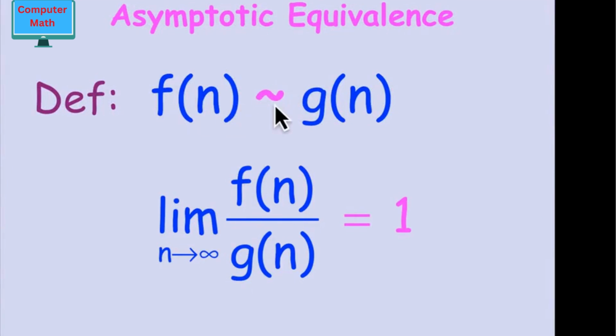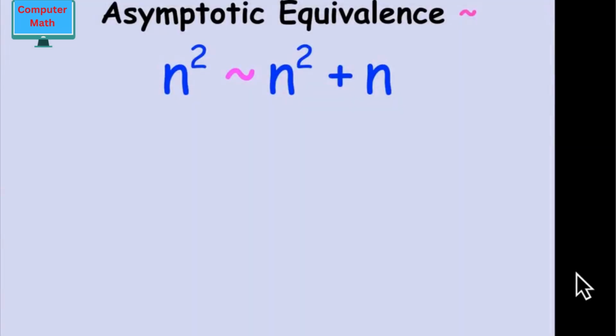So f of n is asymptotically equal to g of n if and only if the limit of the quotient of f of n over g of n is 1. Let's look at an example. n squared is asymptotically equal to n squared plus n. Why is that?